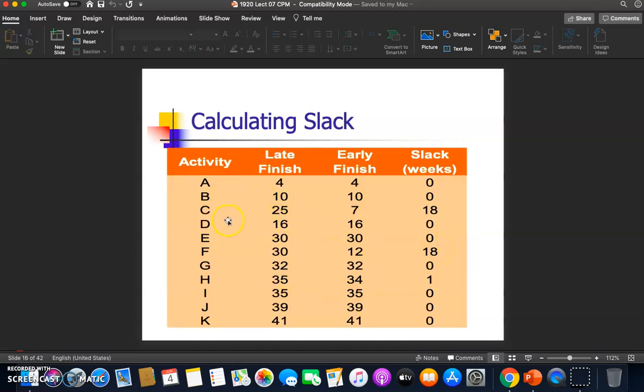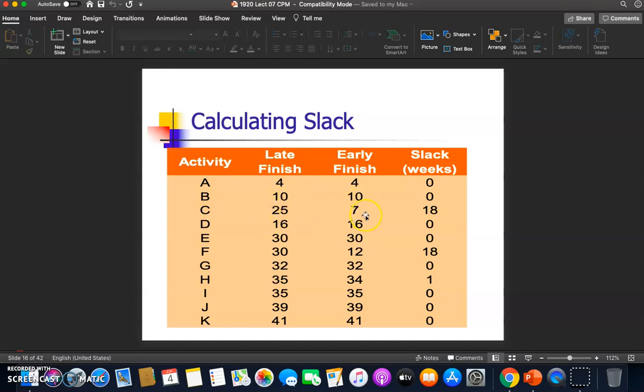So if we look at this table, activity C, the late finish is at week 35, early finish is at week 7. So we have extra 18 weeks so that we can postpone or delay activity C. The maximum is 25.